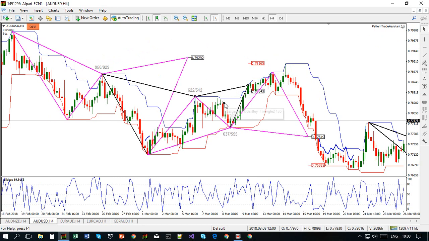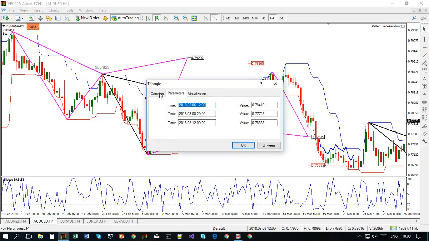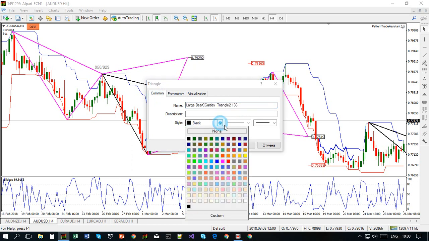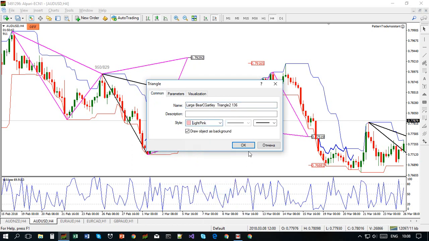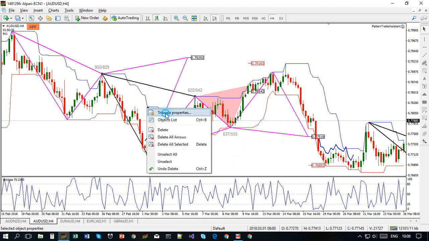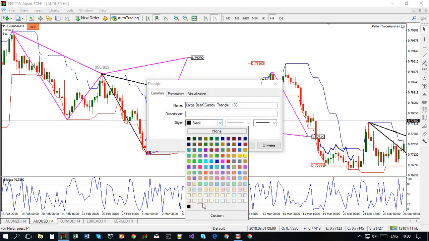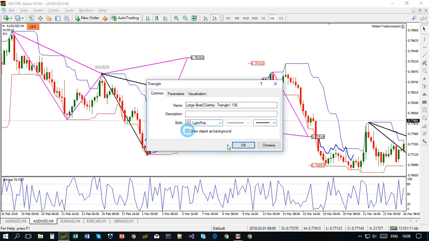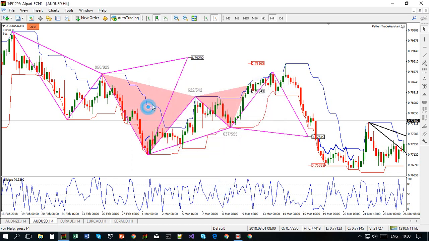It completed here. Let this triangle be not red but something like this candle. So you will see it in a second how it looks like. Okay, so you see this and this is the pattern that I'm looking at. This is the unified godly pattern that I use in my trading.